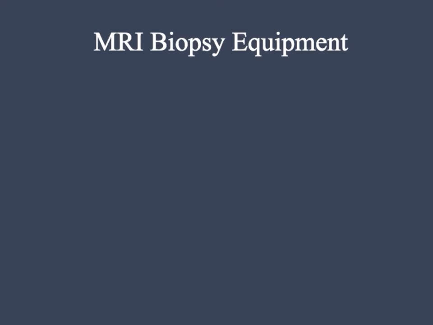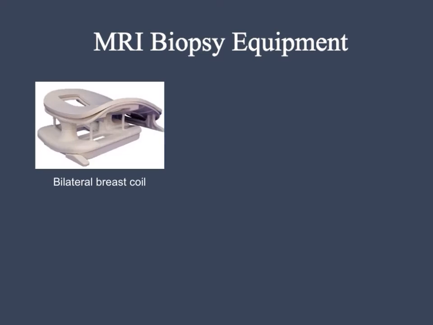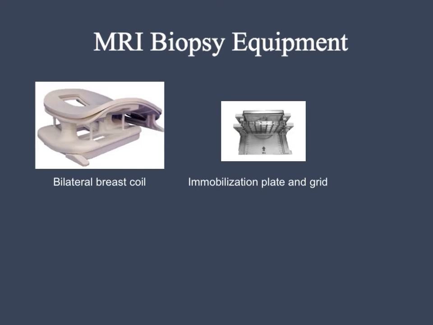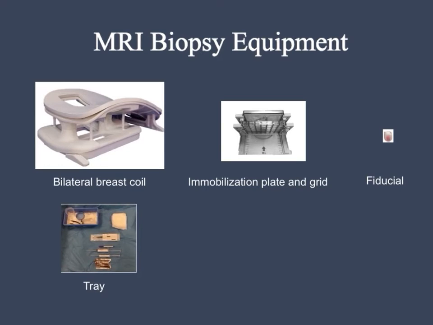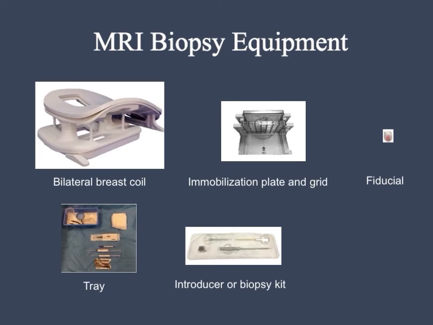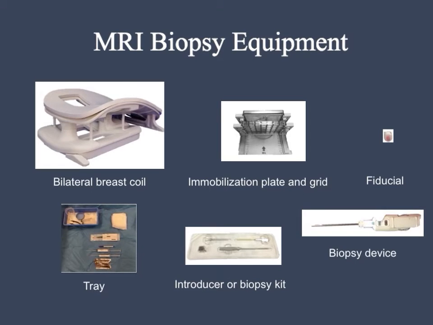The equipment utilized for the procedure includes a bilateral breast coil to image the breast, a grid system with compression plate, and fiducial to immobilize the breast and calculate lesion coordinates, the usual tray with prepping material, local anesthetic, a sterile Sharpie, an MR-compatible scalpel, and gauzes, an introducer or biopsy kit to insert the biopsy device within the breast, the biopsy device to obtain the sample, and a tissue marker or clip to mark the biopsy site.